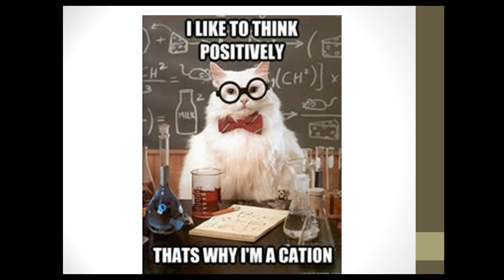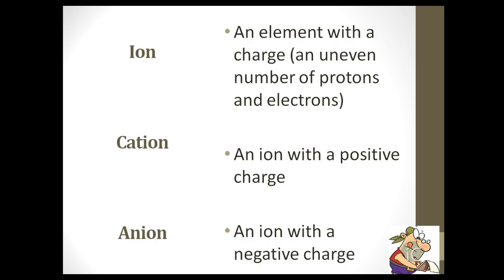Now, I like to use memory devices to remember this because it's extremely easy. So here's your little science cat. I like to think positively, that's why I'm a cation. Another way to remember a cation as the positive ion is to visualize this in your head, because I don't have the webcam up: cations are positive, so imagine a cat pawing.